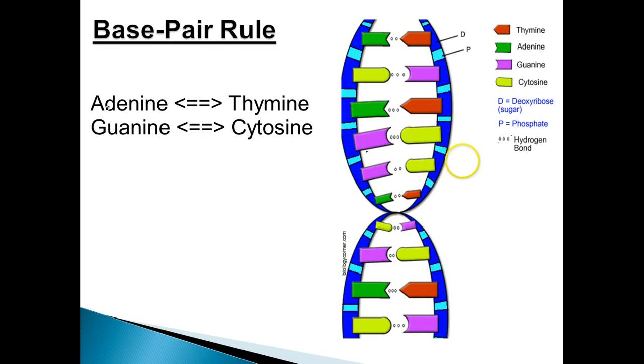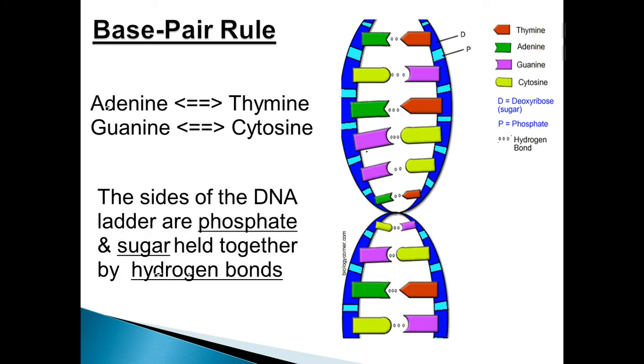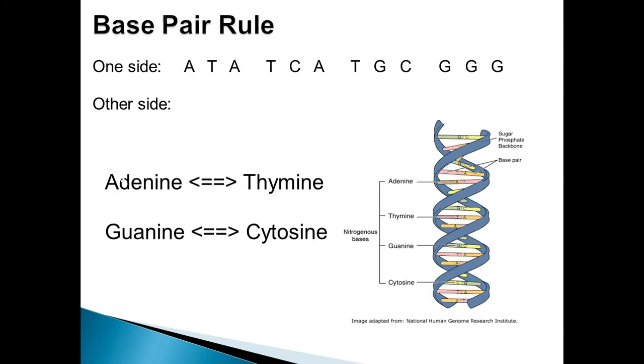One more time, on the outside of the ladder, you have the deoxyribose, that's the sugar part, and the phosphate group. So, following these rules, if one side of DNA has the following nitrogenous bases, you should be able to come up with what the other side would say.